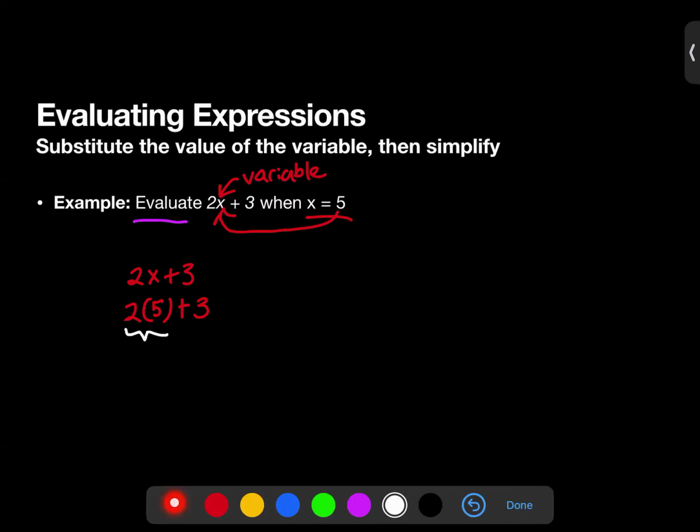So we'll do 2 times 5, which is 10, plus 3, and our final answer is 13. So very simple. All you have to do is replace your variable with the value given to you, and then evaluate the expression as normal.